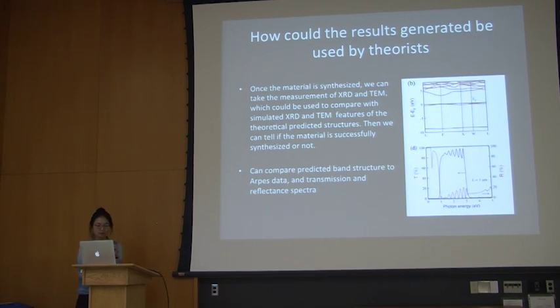Since this material has a kind of simple structure, it's easier to simulate the XRD or TEM or other data like Raman, and then we can compare with the experimental data to say if it is the structure we want. So that's pretty much what we have.